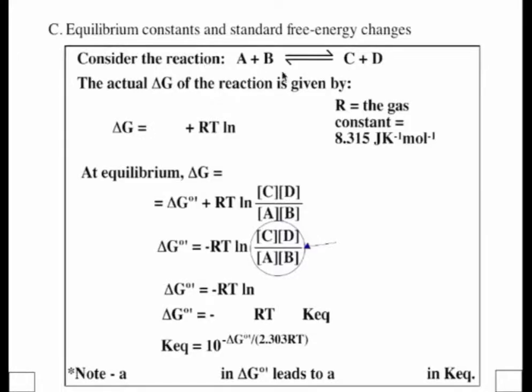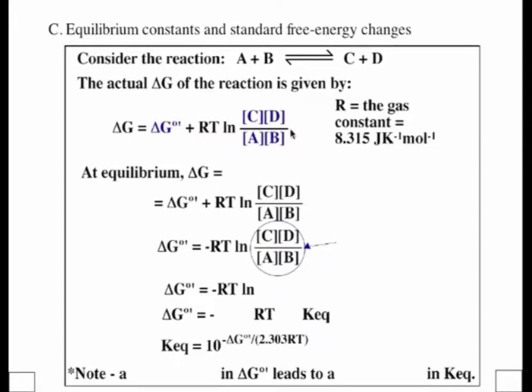So here's an equation that relates the two, the actual delta G with the biological standard state delta G, and we see that the other variable here is a collective term, RT, natural log of the concentrations of the products of the reaction divided by the concentrations of the reactants. So products over reactants.